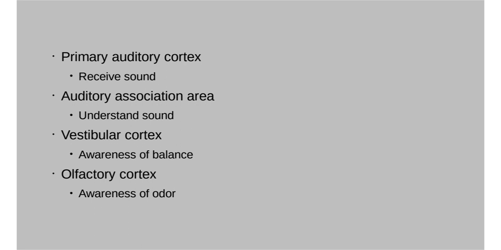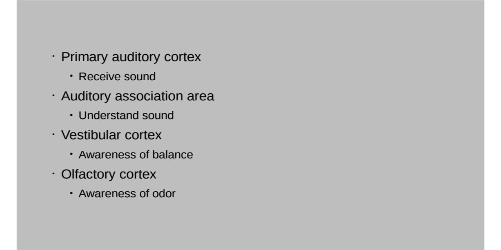The vestibular cortex is your awareness of balance. This is one of those senses that I said falls outside of those 5 that we typically hear about. Well, sense of balance is an actual sense, and your vestibular cortex is your awareness of balance. It gives you an idea of the position of your body and whether you are balanced.